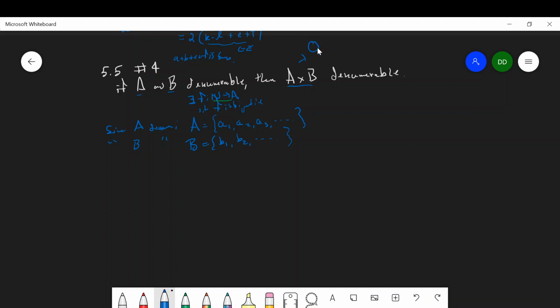Think about the rational numbers, how the rational numbers were proved to be denumerable. Remember, we made this array where the rows were the denominator and columns were the numerator. And we were able to list out all of the elements of the positive rationals in that array. And then we took the diagonals, right?